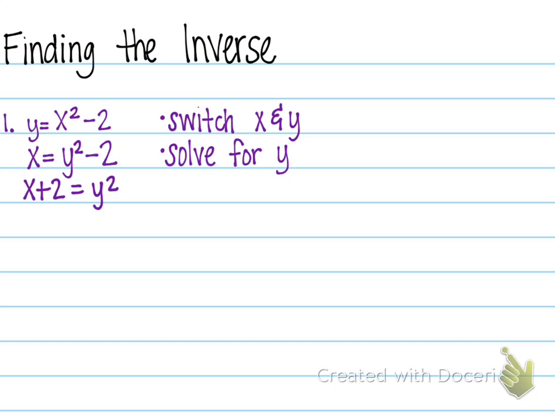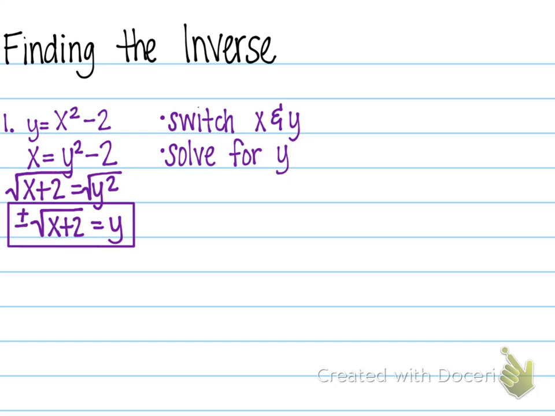So we have x plus 2 equals y squared. The opposite of squaring something is to take the square root. So we take the square root of both sides, and whenever we take the square root, we have the positive and the negative of the square root of x plus 2, and that's going to equal y. So that would be the inverse of y equals x squared minus 2.